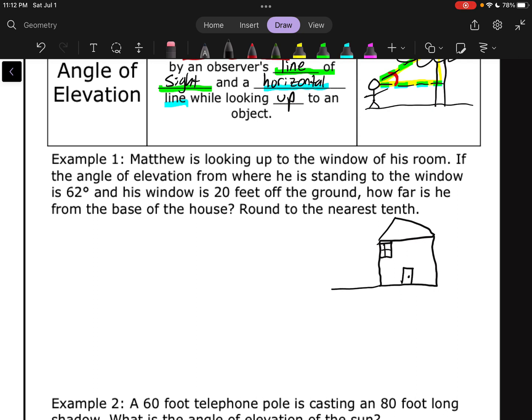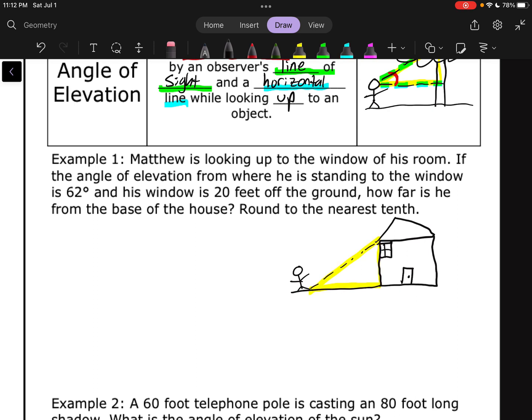So we'll have the ground. We'll have Matthew over here. And it says that the angle of elevation from where he is standing, looking up, is 62 degrees. So here's our triangle.